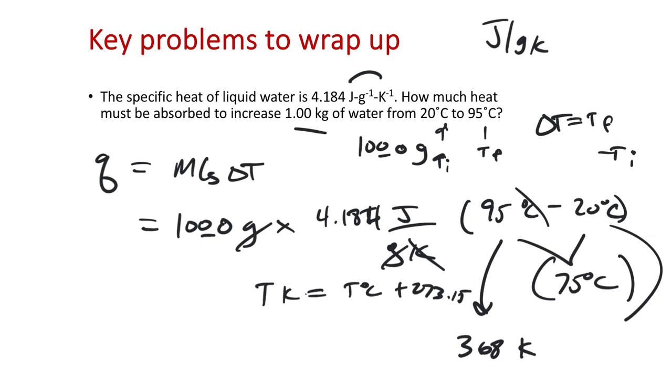If I convert 20 degrees to Kelvin, I should get 20 plus 273, which is 293 Kelvin. And so then 368 minus 293 is 75.